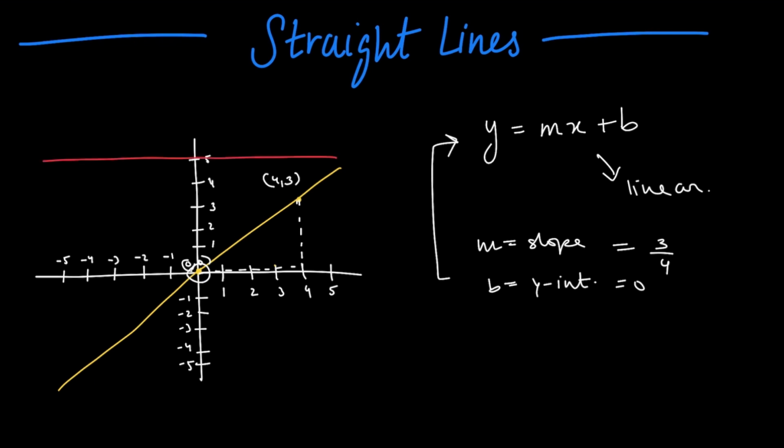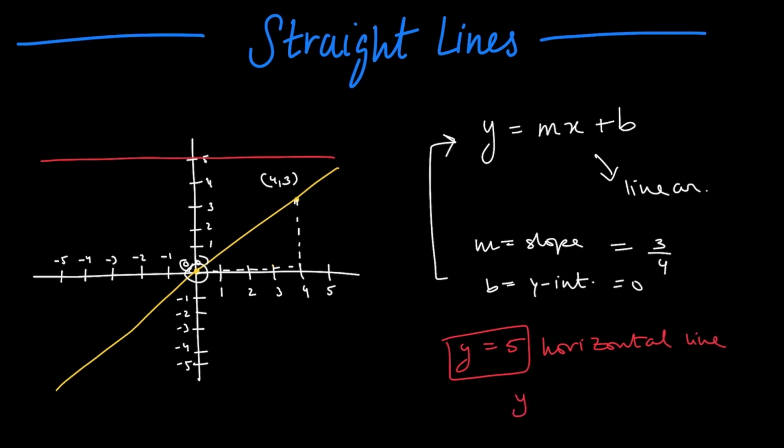Okay, so let's say we have a horizontal line at y equals 5. We can say that the equation of this line is y equals 5, and that can be represented by y equals a.